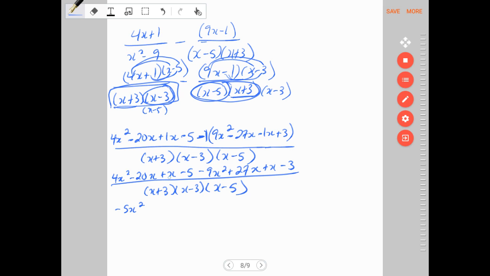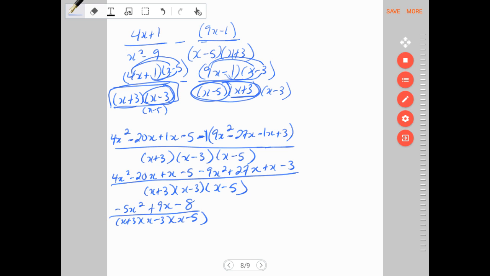Negative 20x plus x is negative 19x. Plus another x gives negative 18x. Plus 27 gives positive 9x. And negative 5 minus 3 is negative 8. All over x plus 3, x minus 3, x minus 5.